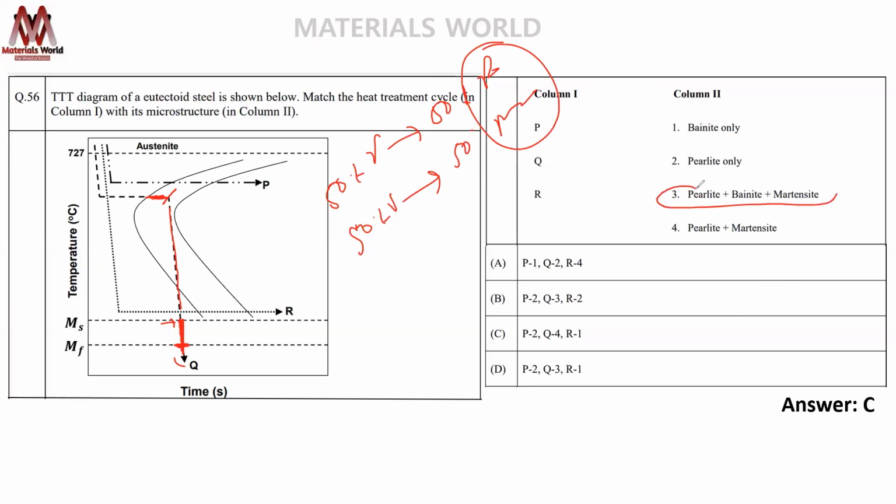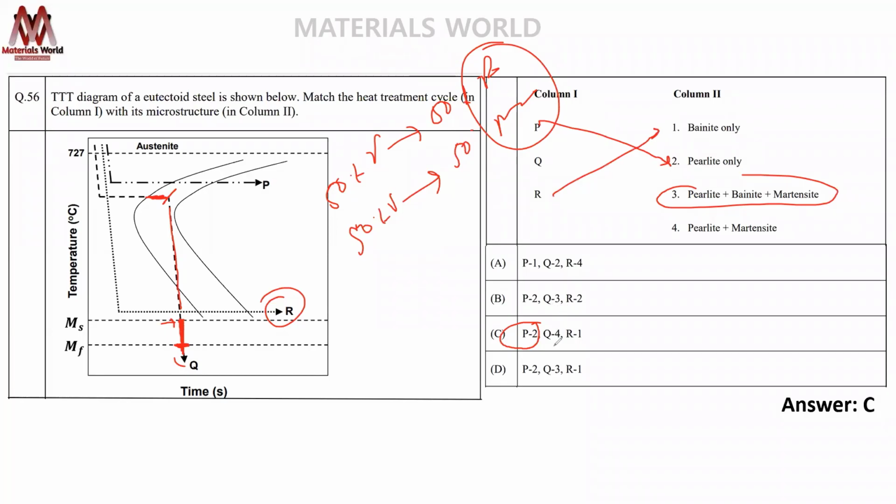Many of you have chosen this three, right? So P is pearlite and Q is bainite. So P2, Q1... what? P2, right? Oh, R1, P2, R1.